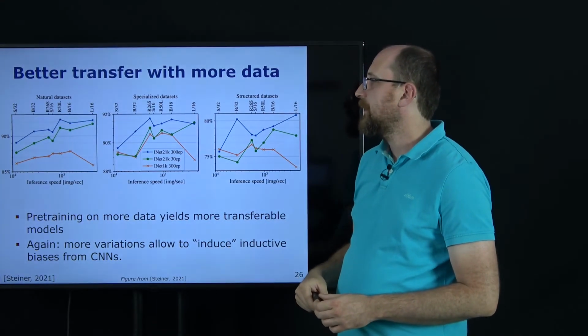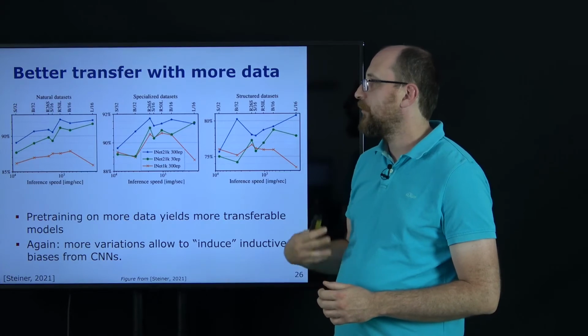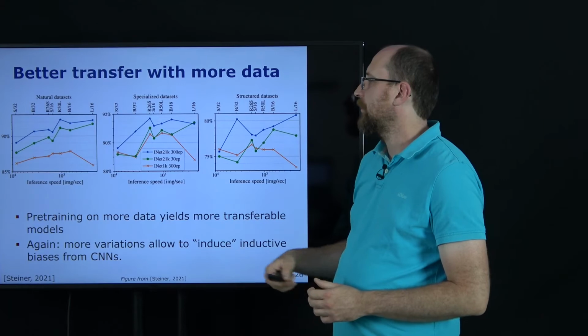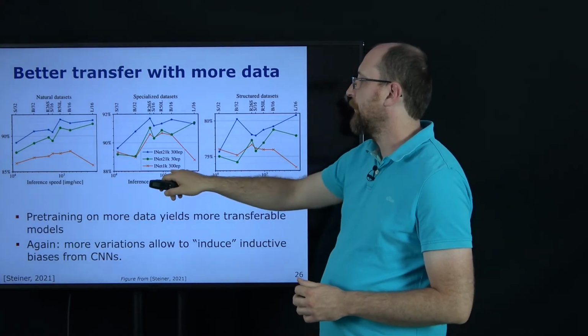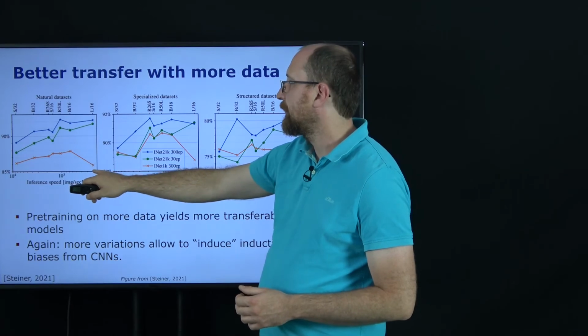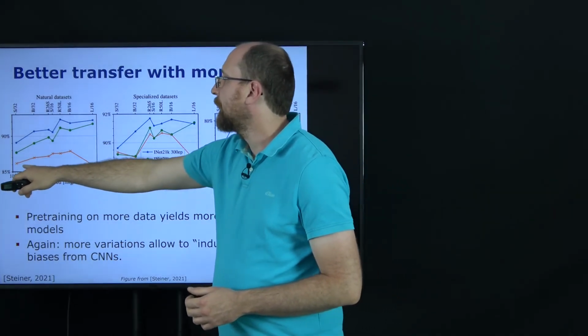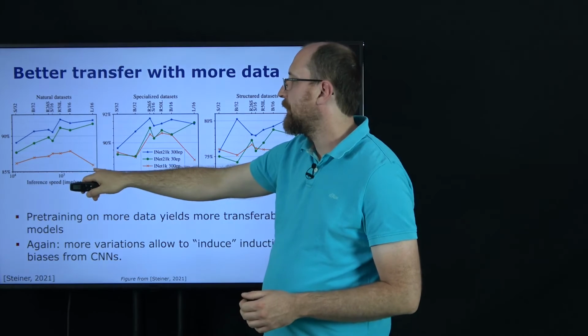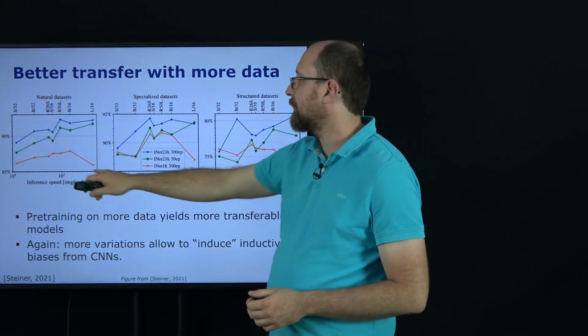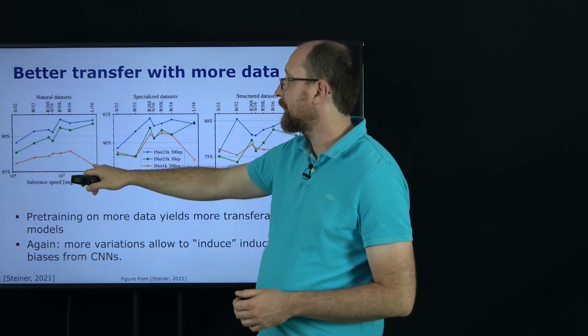Then you can see that for pre-training the models, the size of the data set is very important. The different curves correspond to different ImageNet regimes. The yellow curve is the normal ImageNet with 1.2 million images, pre-trained for 300 epochs.